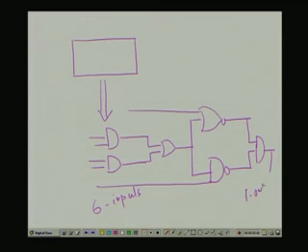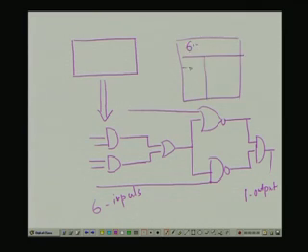Now, if I change some of the AND or OR gates, still I am getting the same function. That means the truth table it is giving, for 6 inputs there will be some values 0 1 0 1, and here also I am getting some output. These are my inputs and these are my outputs.